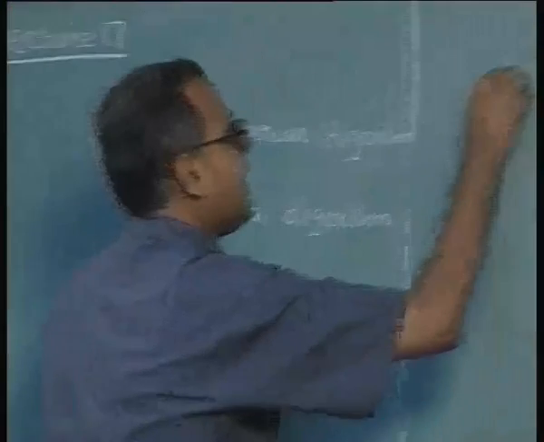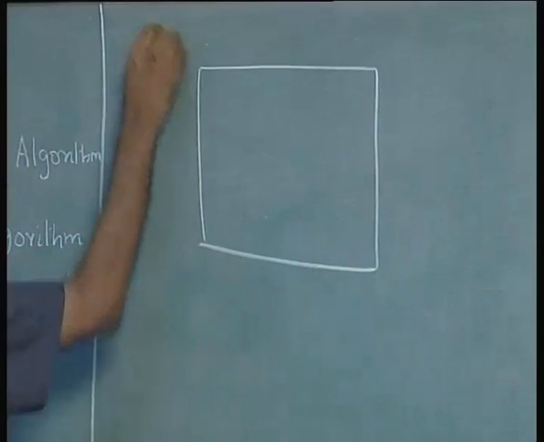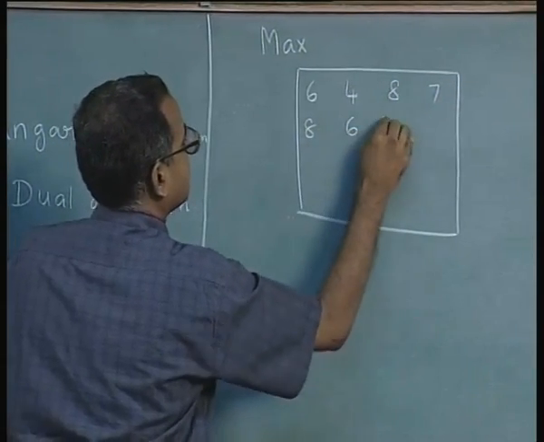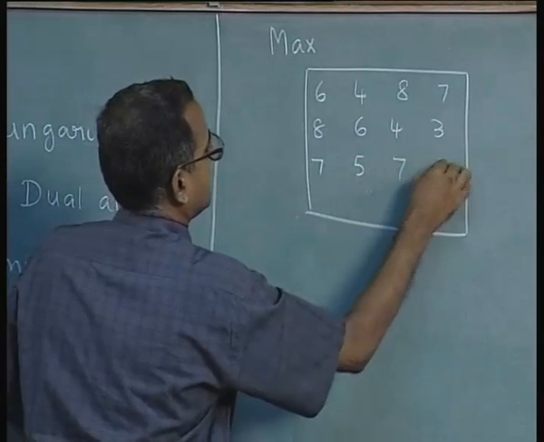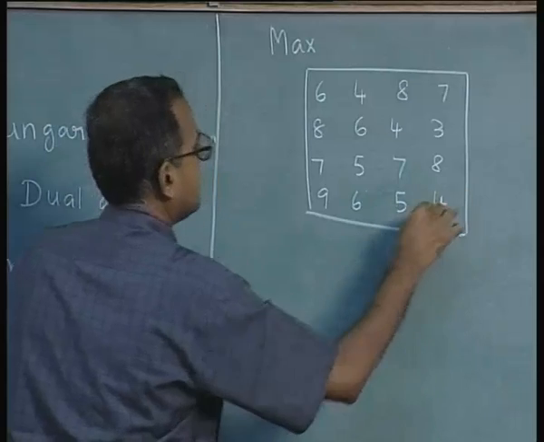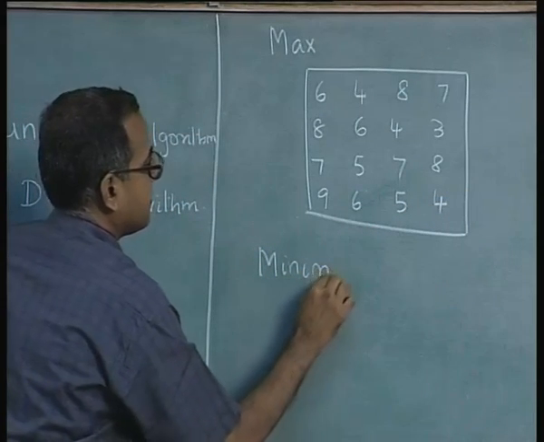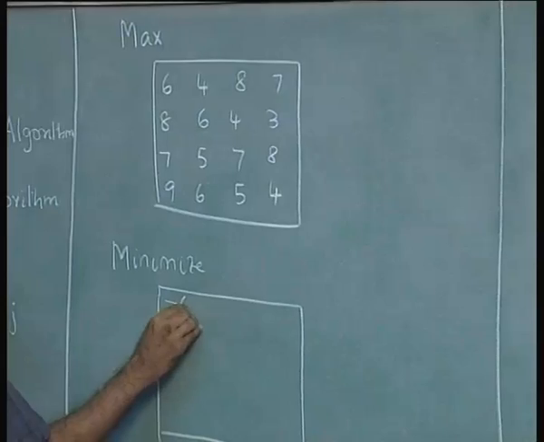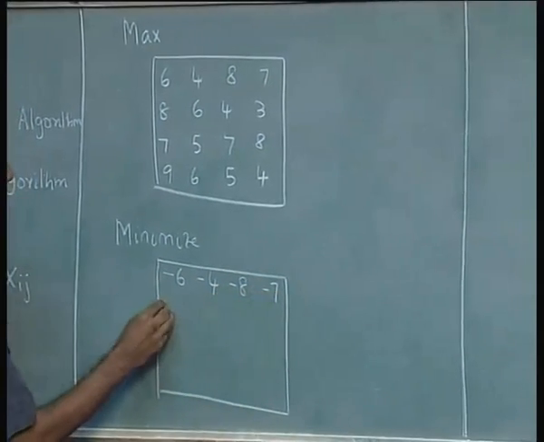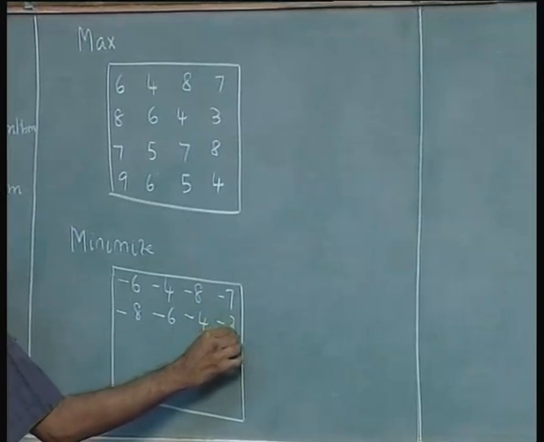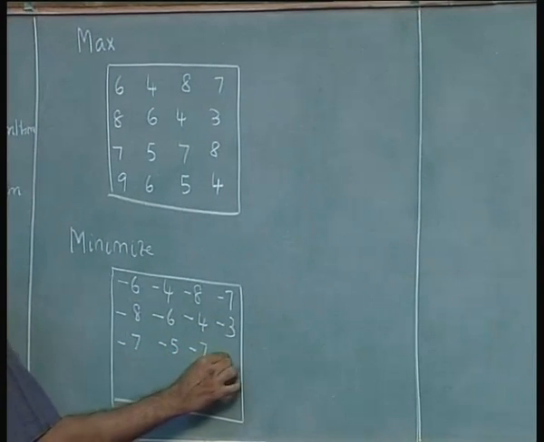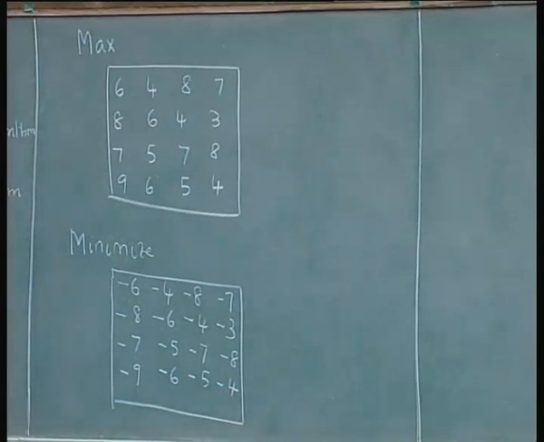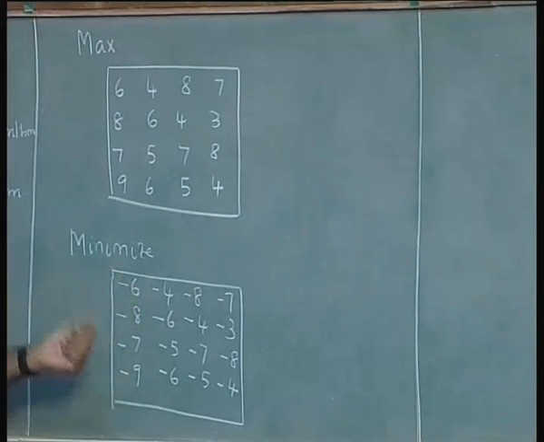For example, if we had a maximization assignment problem, say with numbers such like this, we convert it to a minimization problem by multiplying the objective function coefficients with -1 and then we can do row column subtraction from this matrix and proceed as it is.